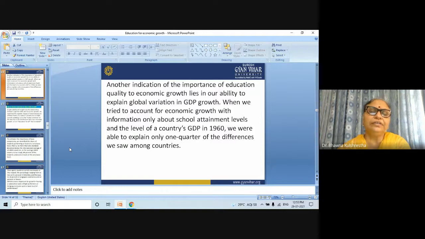When we tried to account for economic growth with information only about school attainment levels and the level of a country's GDP in 1960, we were able to explain only one quarter of the differences we saw among countries.